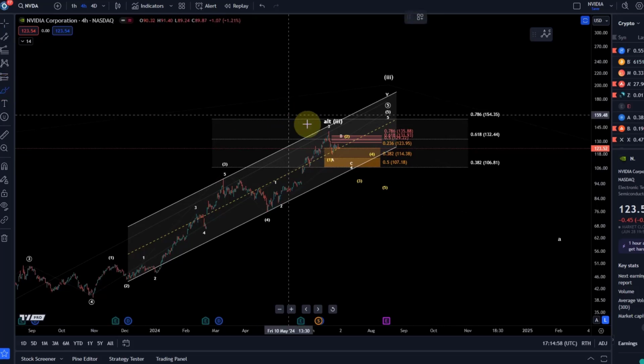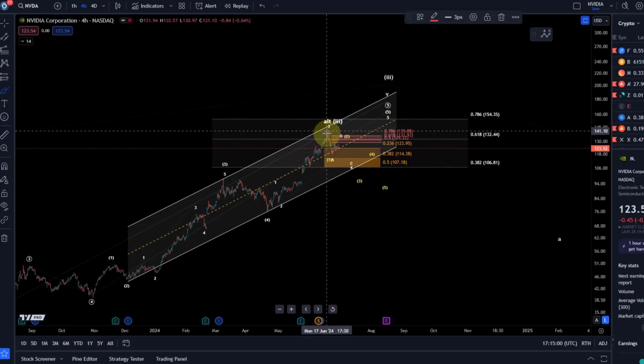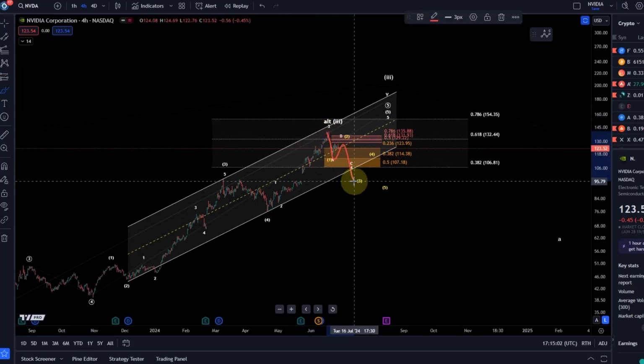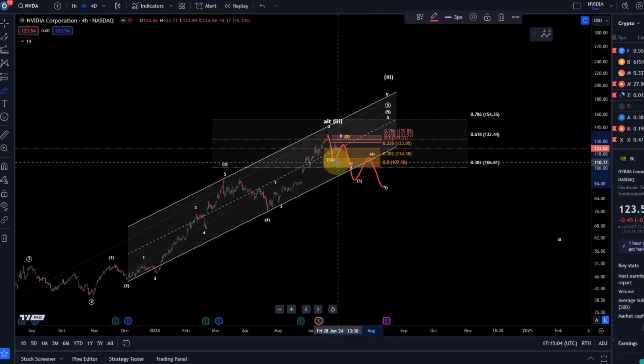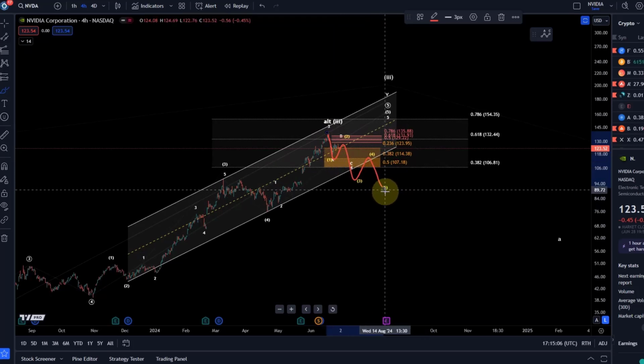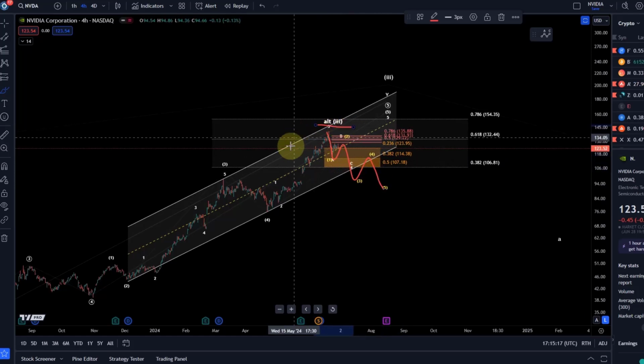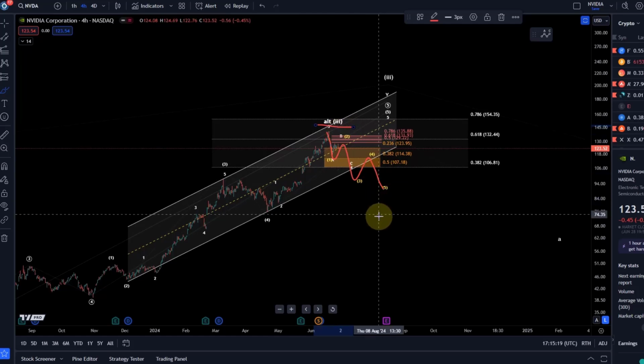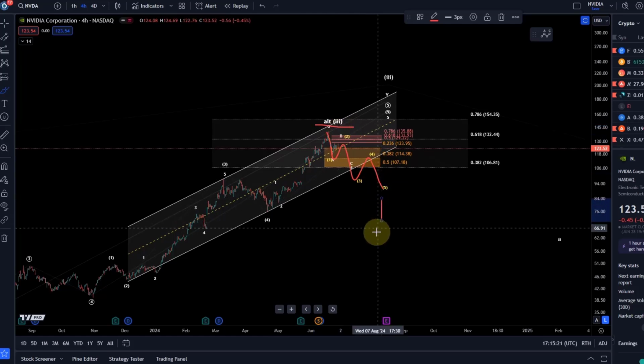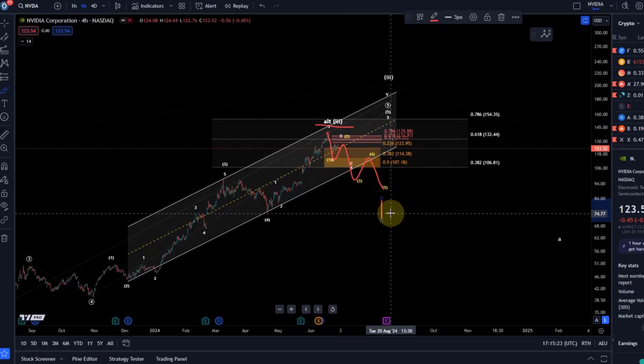If we then go further, and I don't want to make this much longer, let's assume we break support in 5 waves. Does that mean you're short at the end of the 5-wave move down? Typically not, because the reward to risk ratio isn't great here. If we have a 5-wave move down, we can set a stop above the high, because we could call that a wave 1 to the downside, or an A wave even.